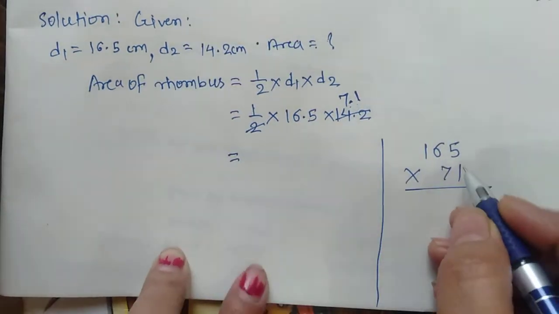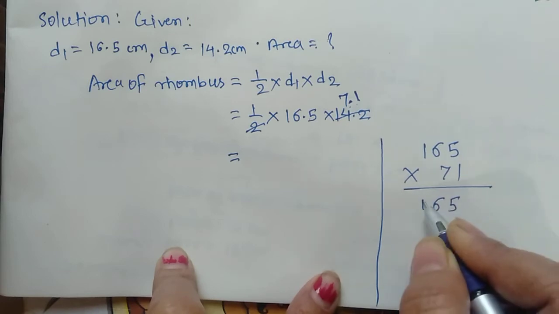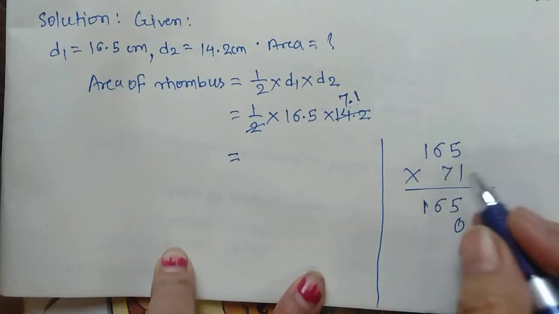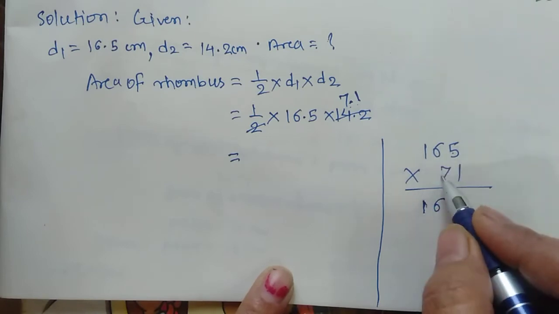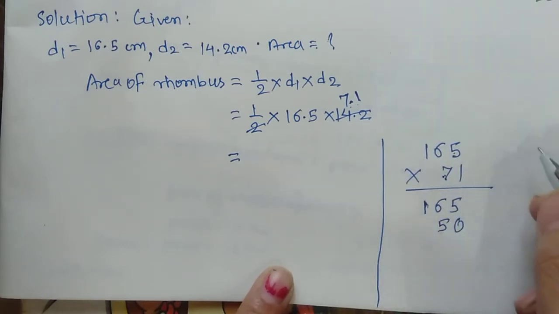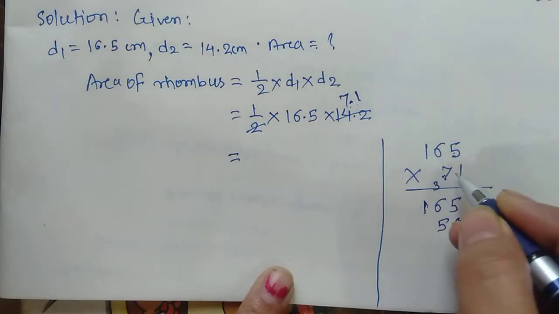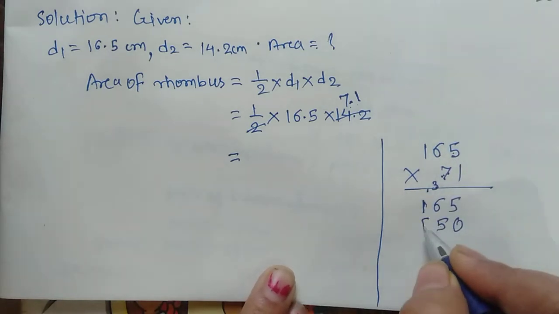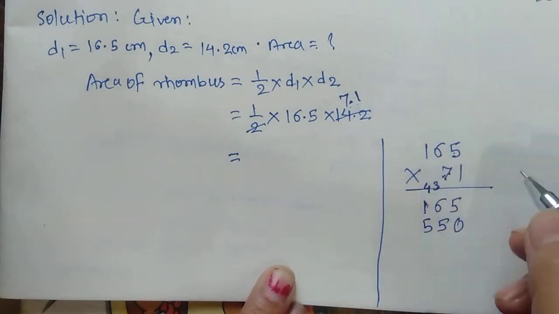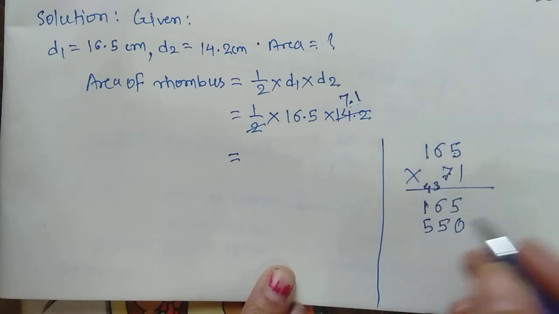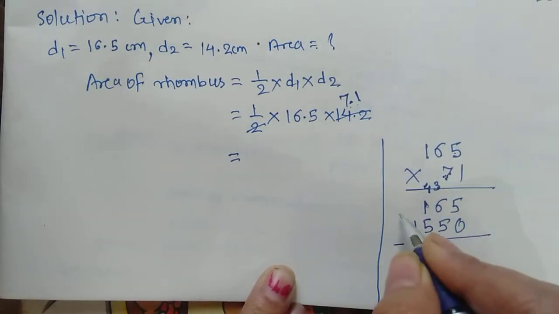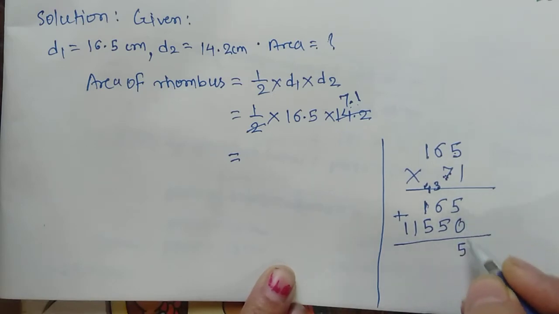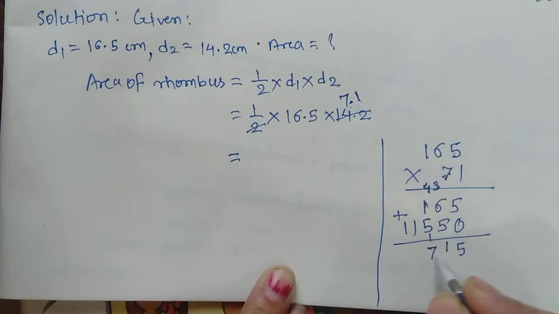So firstly multiply by 1. 165 as it is. Take the 0 here and start the multiplication with 7. 7 fives are 35, carry 3. 7 sixes are 42, 42 plus 3 is 45, carry 4. 7 ones are 7, plus 4 it is 11. Now take the addition. 5 plus 0 is 5. 6 plus 5 is 11. 5 plus 2 is 7. 1 1 as it is.